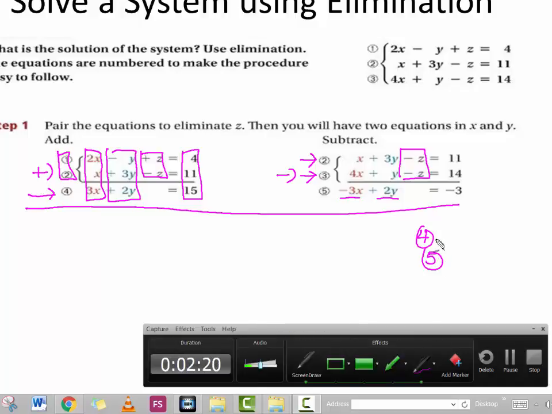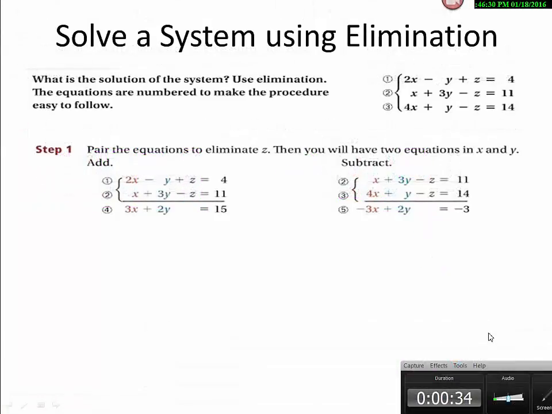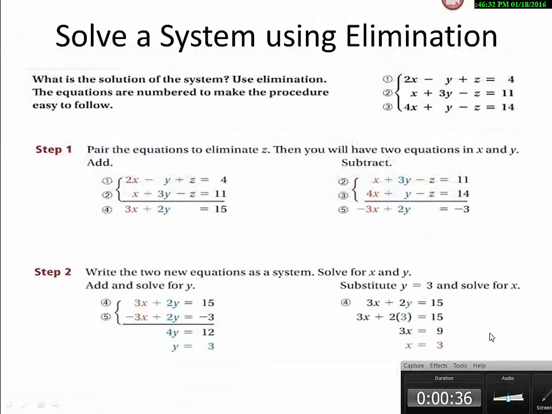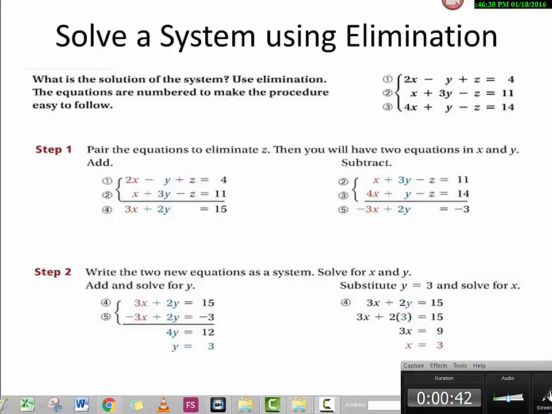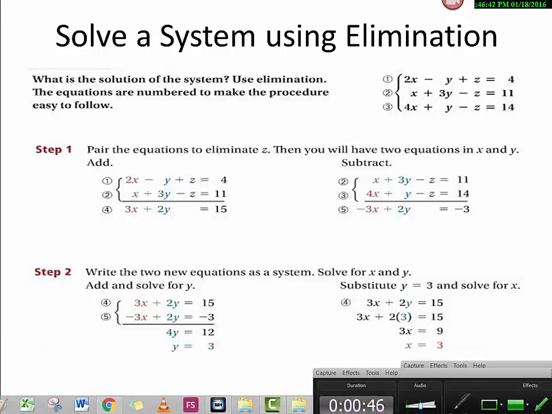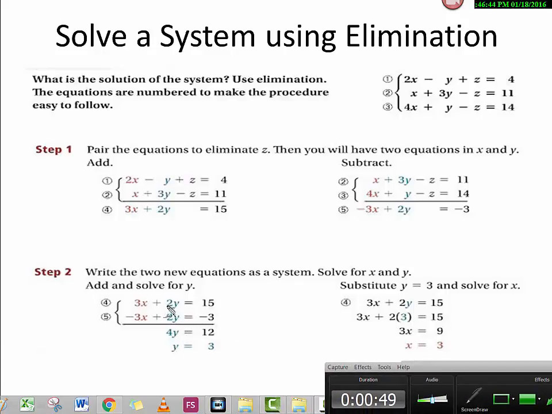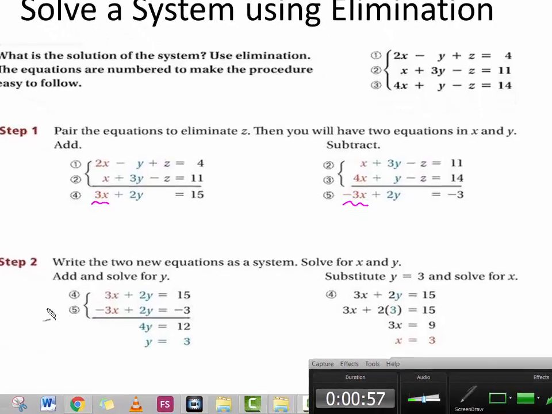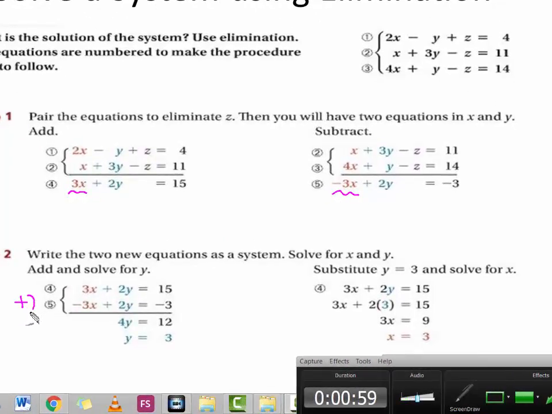Now we have 2 new equations, 4 and 5. We're going to make use of these new equations 4 and 5 in the next step. Here's the second step. Lucky for us, because we have both 3x and negative 3x in the new equations 4 and 5, all we need to do is just add them together.